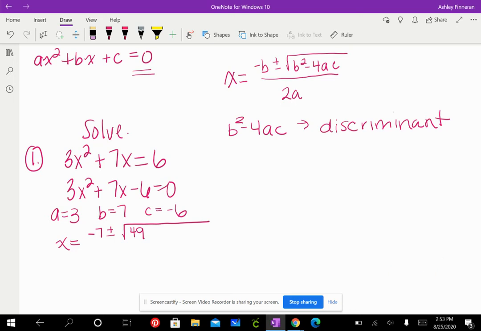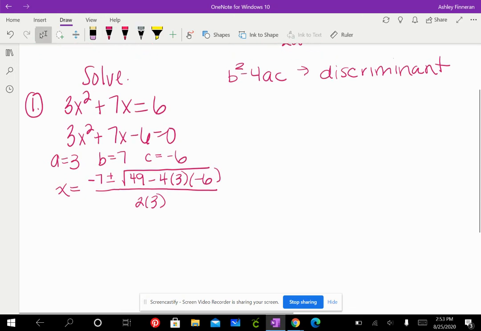So 49 minus 4 times a times c, all divided by 2a. So 2 times 3. Then I would figure out the discriminant. So I would do 49 minus 4 times 3 times negative 6, or multiply those. What is that? 6 times 3 is 18, 36, 72.